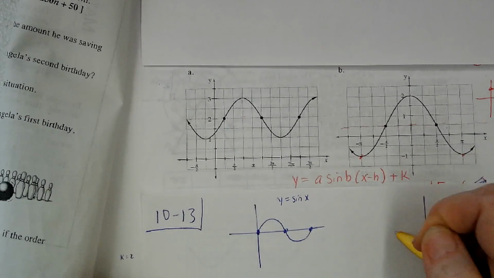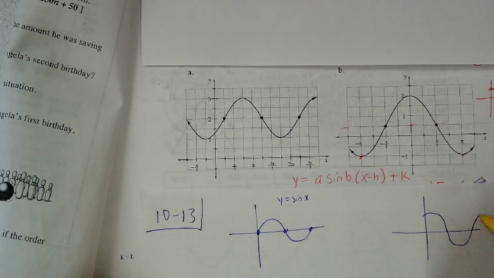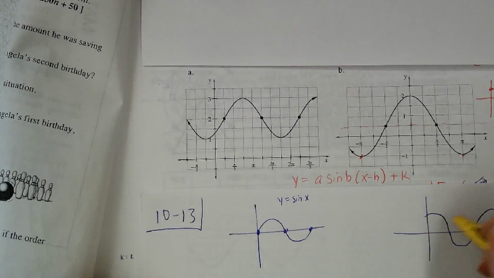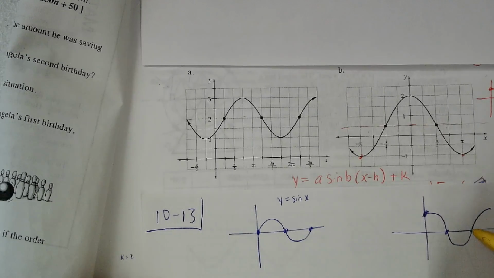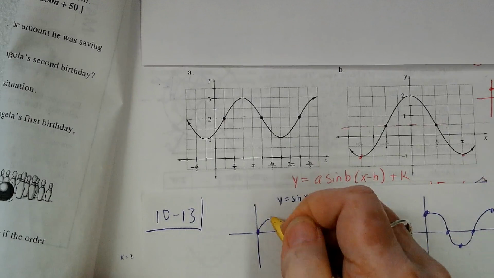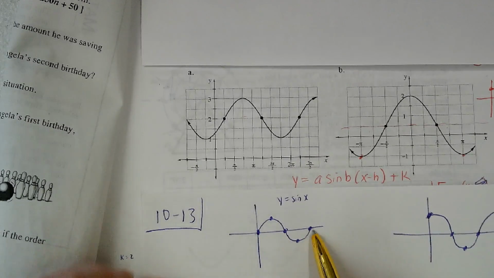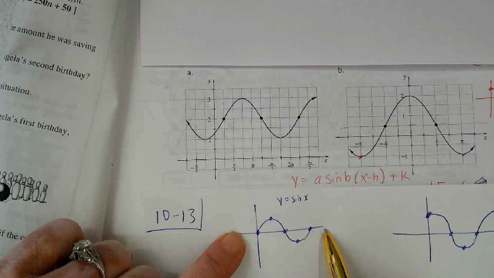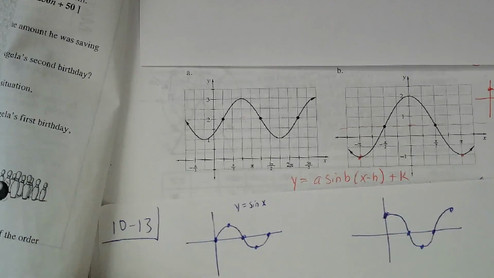This one looks more like a cosine graph to me, because that's what the parent function looks like. Right, this one has three points on the midline, and then it has a high point and a low point.